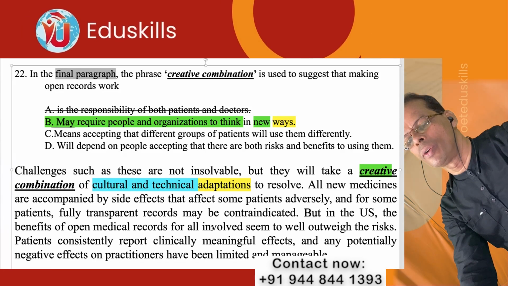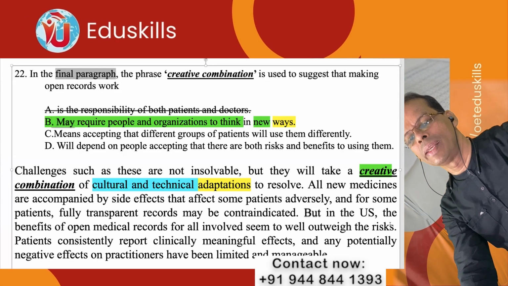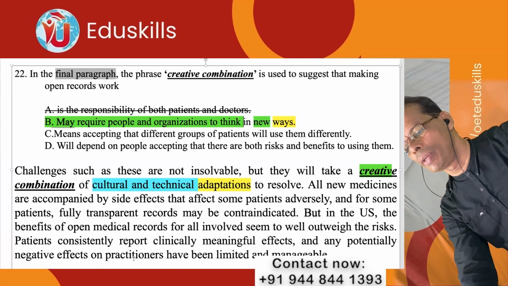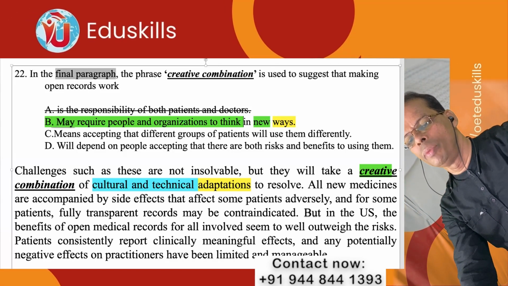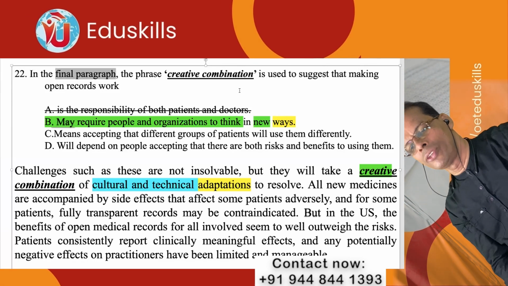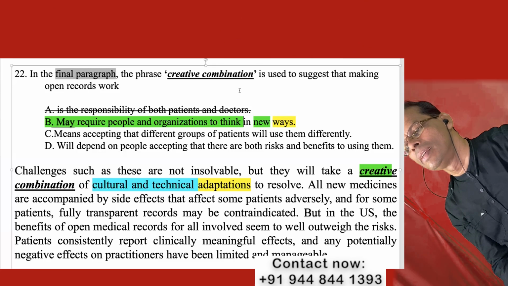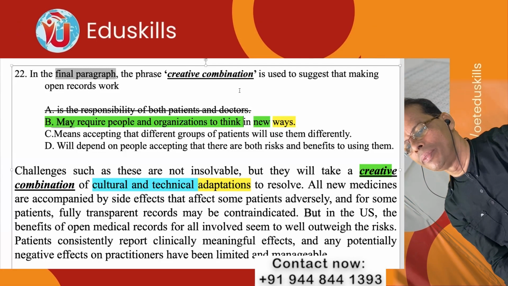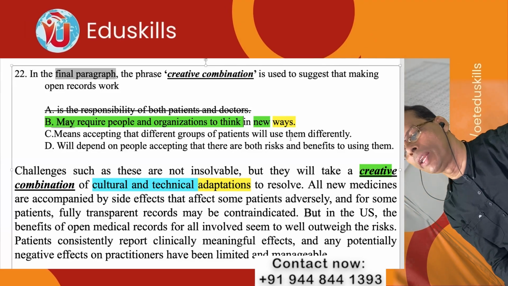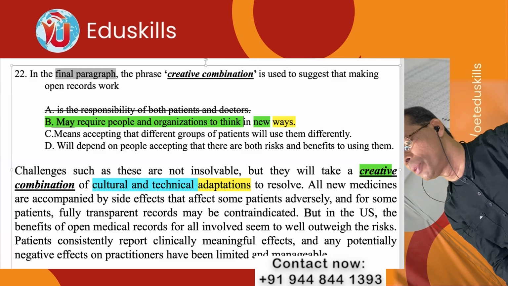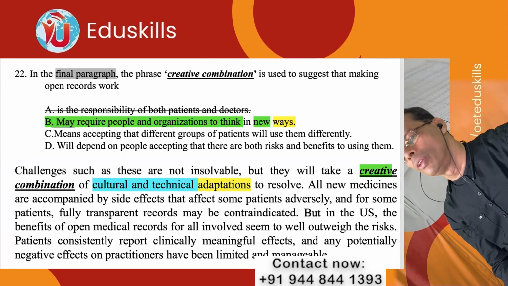It speaks just about the benefits and risks, but it does not say that it's a creative combination. Benefits and risks is not the creative combination. Is that clear? If you get to these new ways and creative adaptations, that itself is clear about the whole thing.